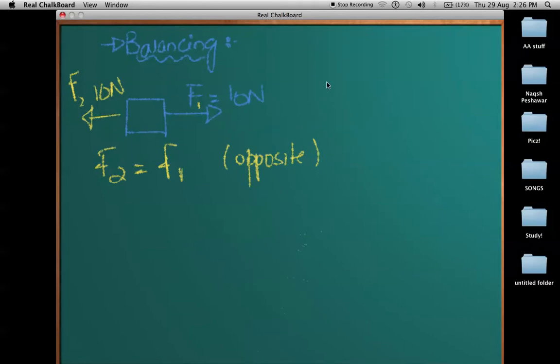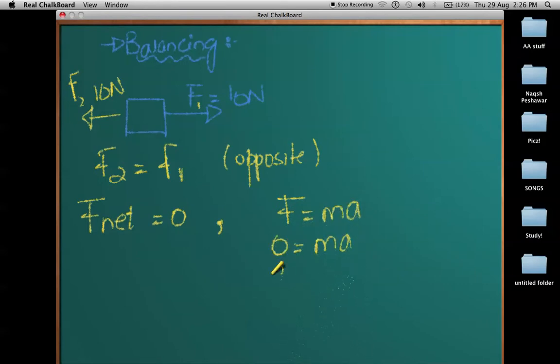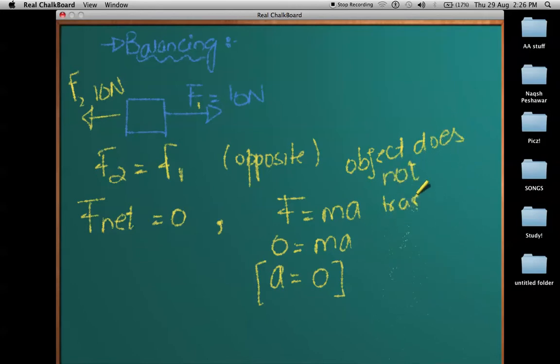we say that the net force becomes 0, and since the net force is 0 and the formula says F equals ma, acceleration becomes 0, and so the object does not translate or does not move in any direction.